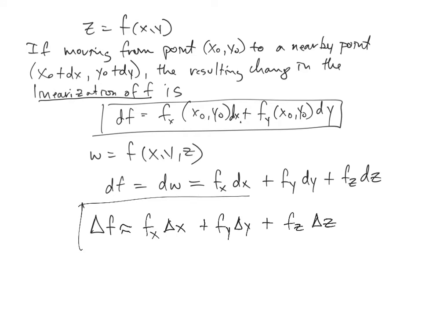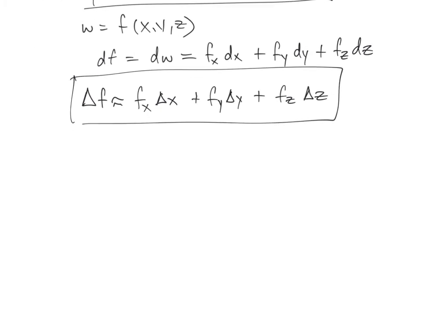Okay, so this is the approximation formula. This part here is equal to df, and df is an approximation of the actual true change in the function. Okay, so let's look at an example, because that's all that really matters.